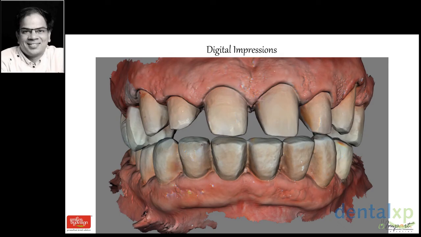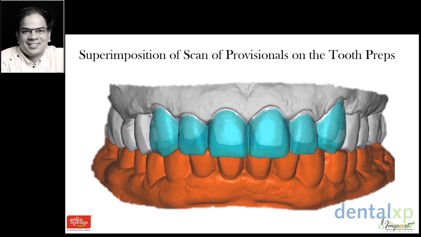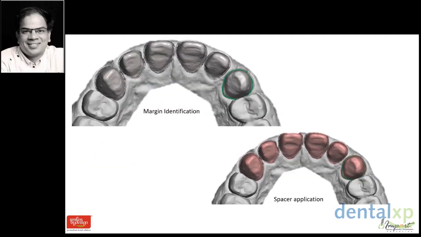The lab then puts all the material that I've sent him on his exocad. He superimposes the provisionals on the tooth preps to see whether I've got clearance everywhere. Then he does his margin identification, applies a spacer, and goes ahead with the design of the final crowns for the upper six teeth.